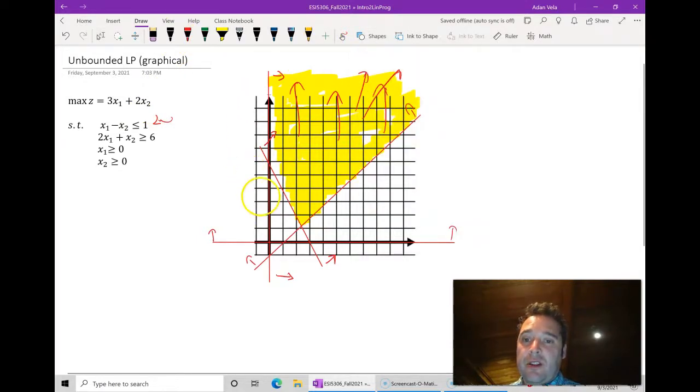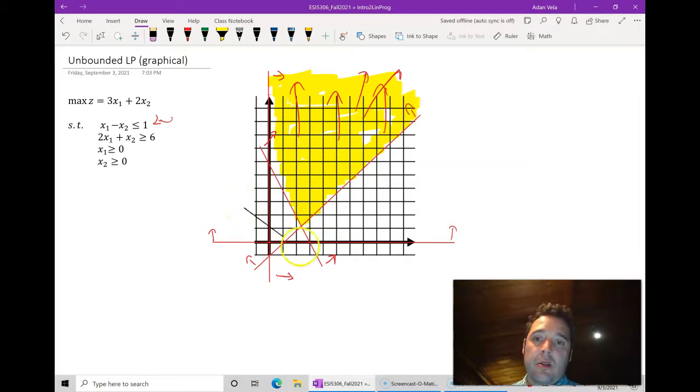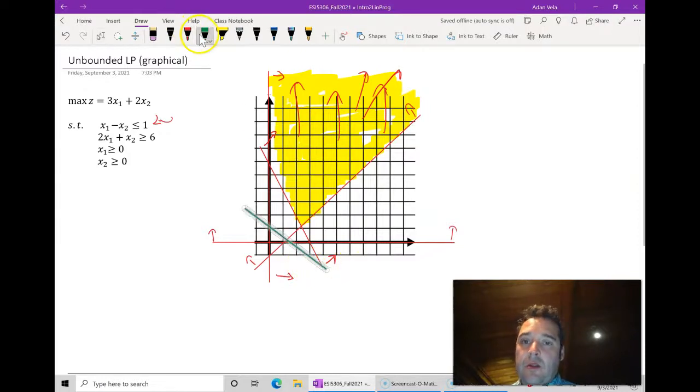Let's go ahead and draw that in. All right, so here goes our isoline.